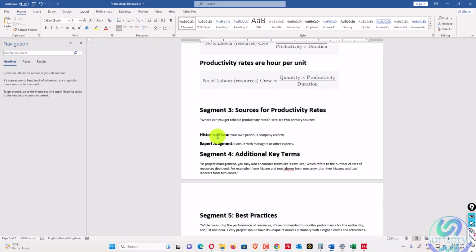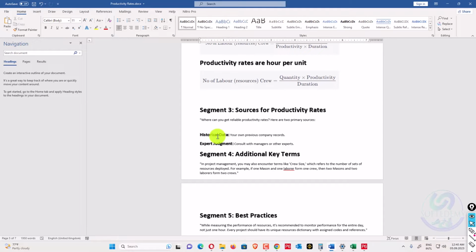They have some lessons learned, some already created productivity rates because of their labor, their team hired by different subcontractors or by different sources. They already have resource management there, and they have productivity rates. So you can get productivity rates from there.